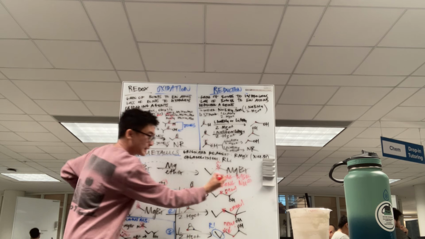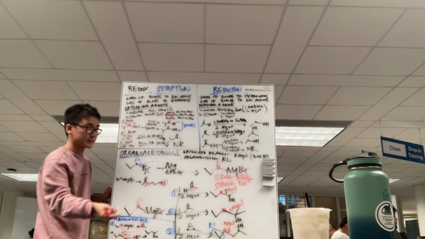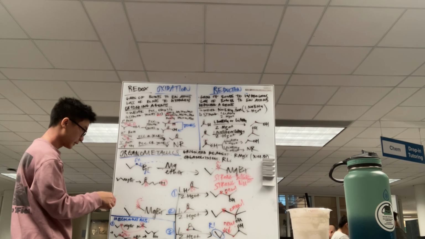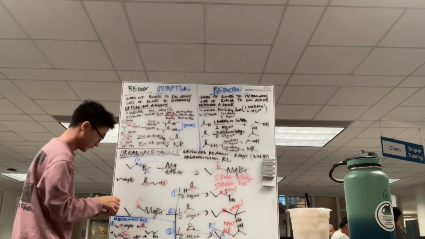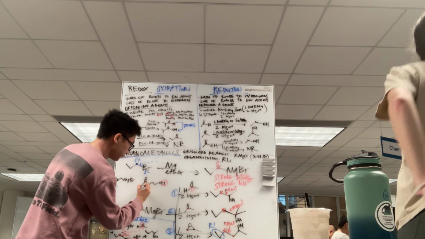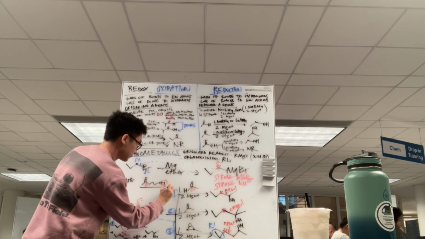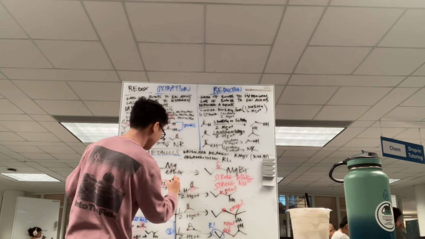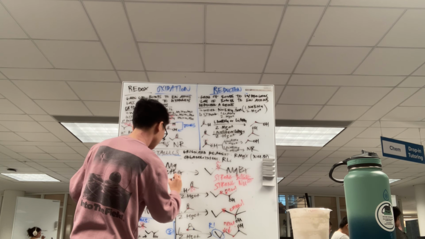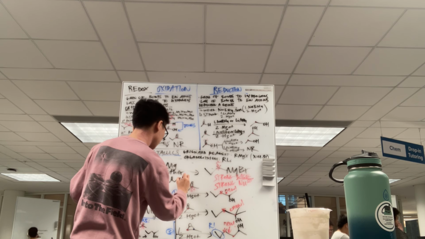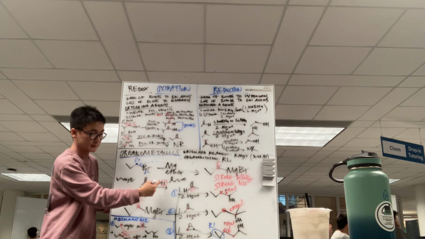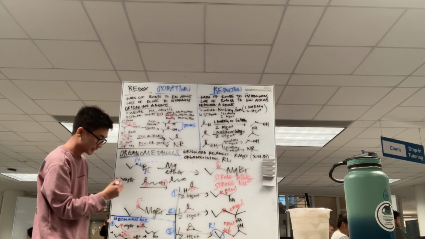Like you said, the acid-base reaction is faster, so we're going to deprotonate that to actually get this right here. Where we deprotonate the acidic proton because this acid-base reaction is going to happen faster.